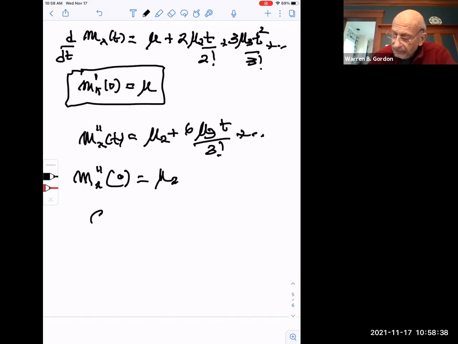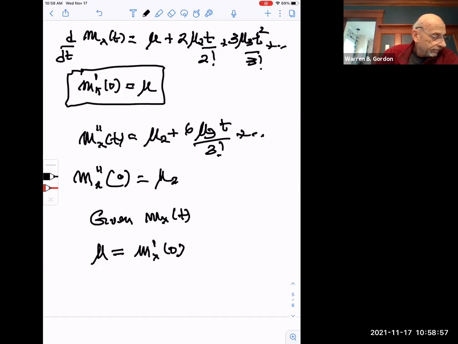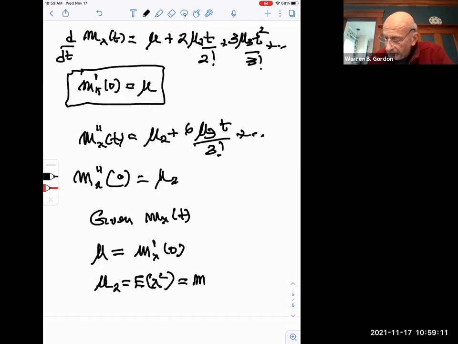Given the moment generating function, the mean is equal to the derivative evaluated at 0, and mu2, which is equal to E of x squared, is equal to the second derivative at 0.